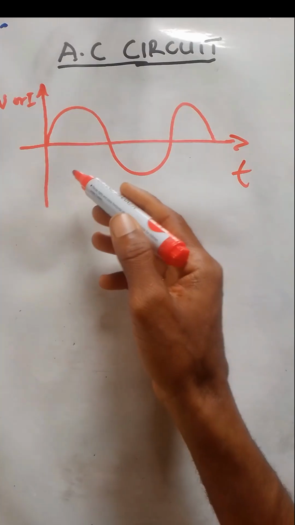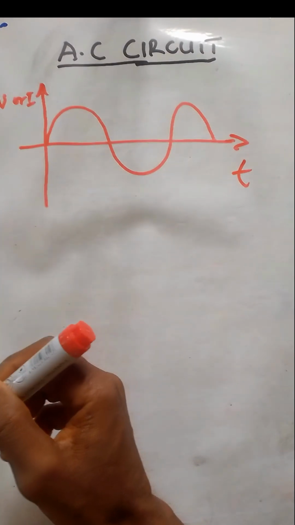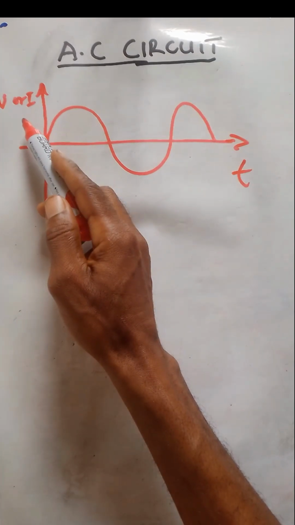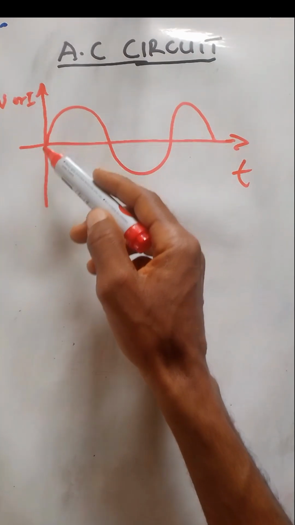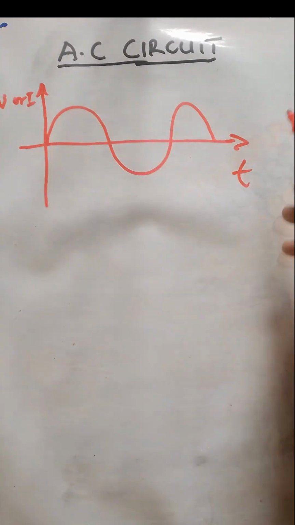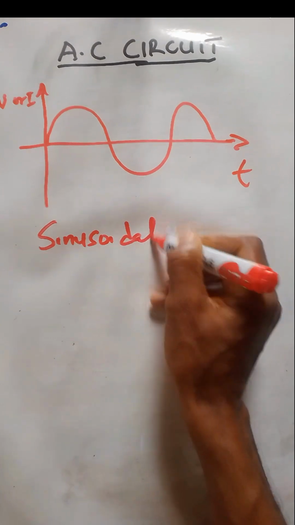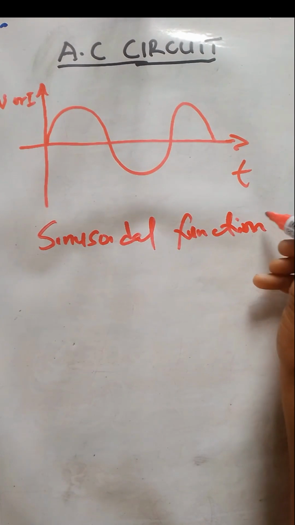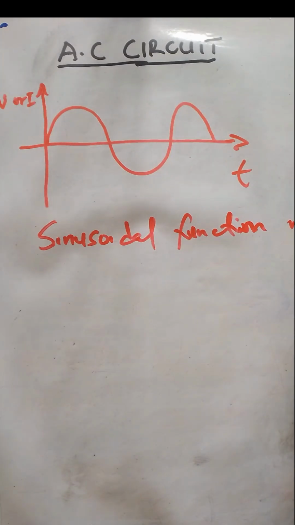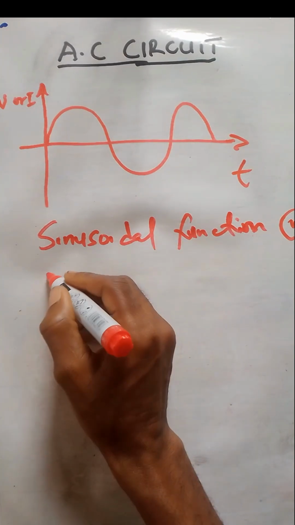Such a current that changes direction periodically is known as alternating current. The graph of the voltage or the current plotted against time is what we call the sinusoidal function or waveform.